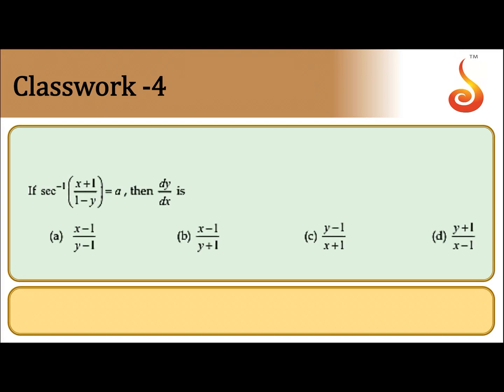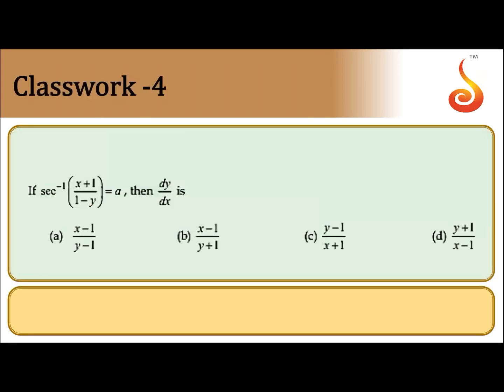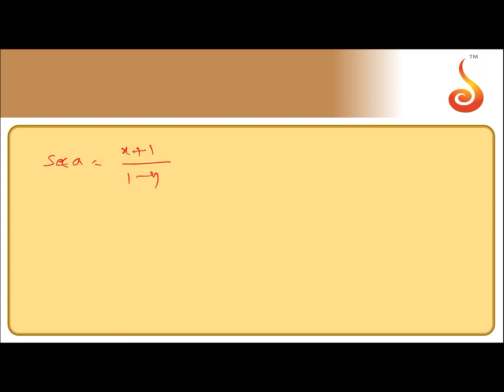Going with the next one, I hope we finished the problem in the last slides. Let's do it once again. Secant A can be written as (x plus 1) by (1 minus y). So 1 minus y multiplied by secant A, a constant value, is equal to x plus 1.